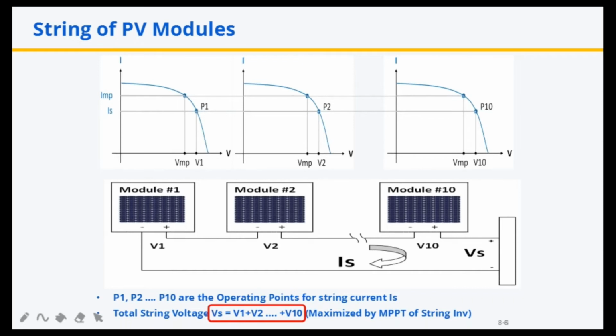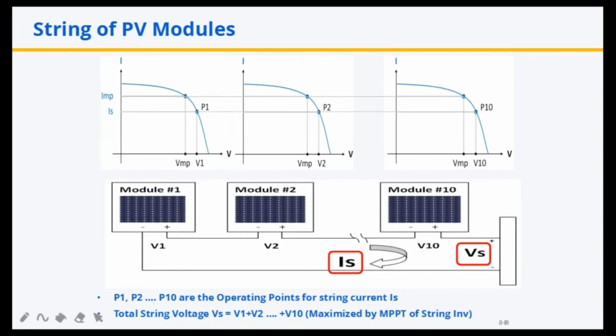The string inverter receives the total voltage Vs for the string current Is and generates power Vs multiplied by Is. It tries to adjust the value of Is so that the product of Vs and Is is maximum. That is precisely the MPPT, or maximum power point tracking, done by the string inverter.